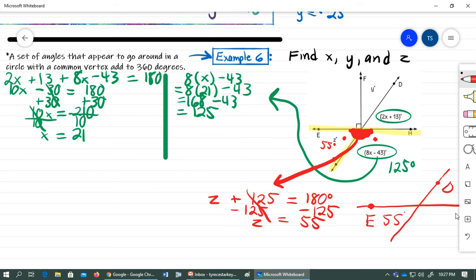One of those vertical angles is the 55 degrees right here. And the other vertical angle right here, the one that says 2x plus 13, has to be the exact same thing. So if this one is 55 degrees for the part that you see as Z, that means the other one right here has to be 55 degrees.